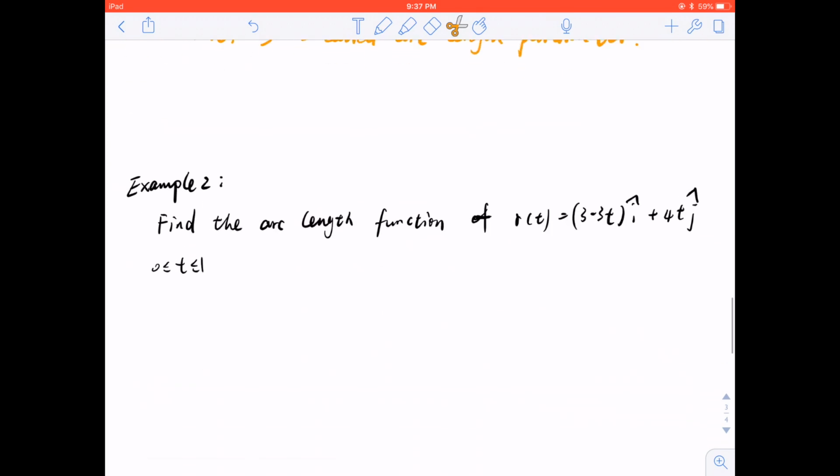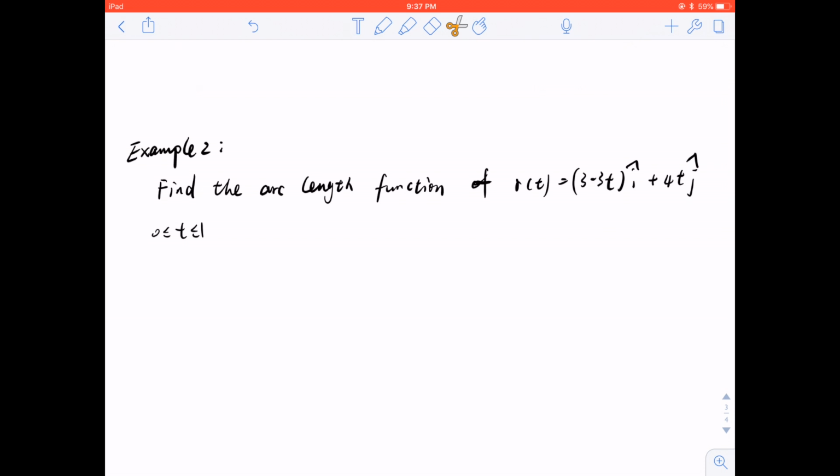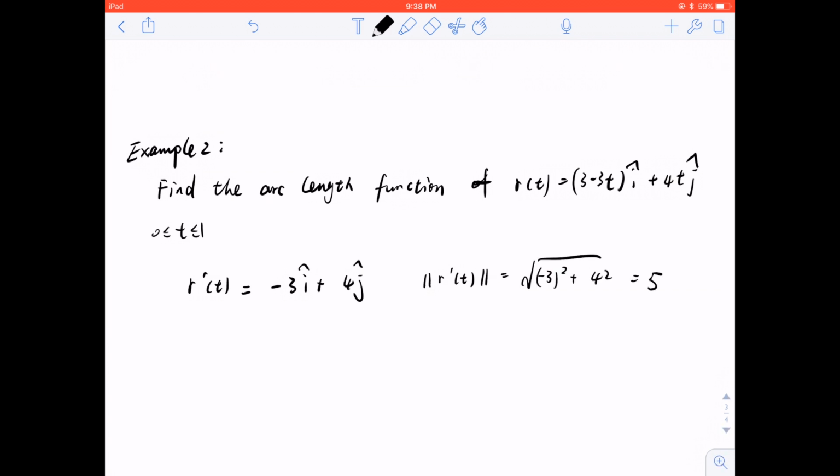To use the definition of the arc length function, we have an example. Example 2: find the arc length function of r(t) equals (3 minus 3t) i plus 4t j, where t is from 0 to 1. Because the derivative of r(t) is -3i plus 4j, the magnitude of the derivative is the square root of -3 squared plus 4 squared, which is equal to 5.